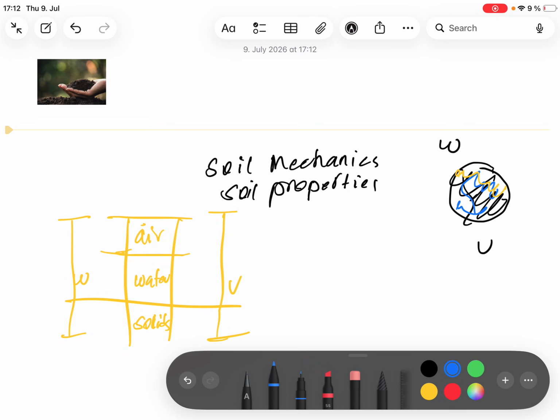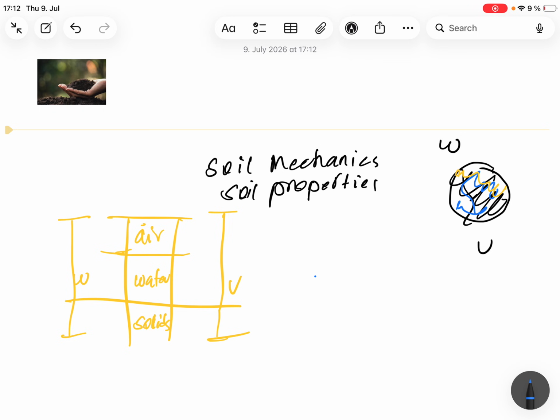If we consider the volume of air as VA, the volume of water as VW, volume of solid as VS, the volume of air plus the volume of water is called volume of voids. The weight of the air is WA, weight of water is WW, and the weight of solid is WS.